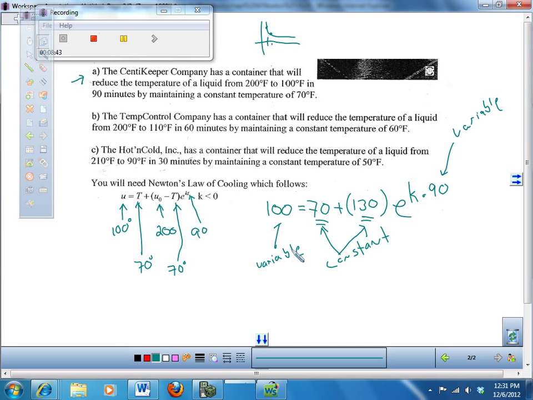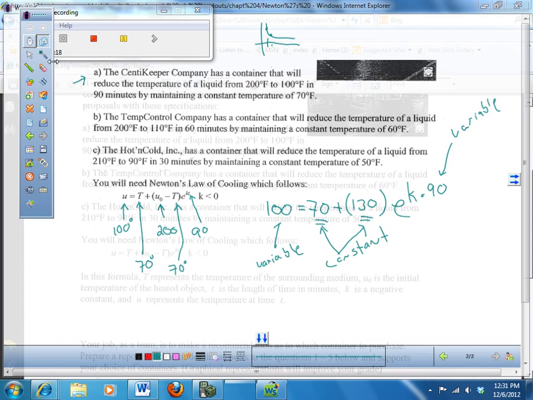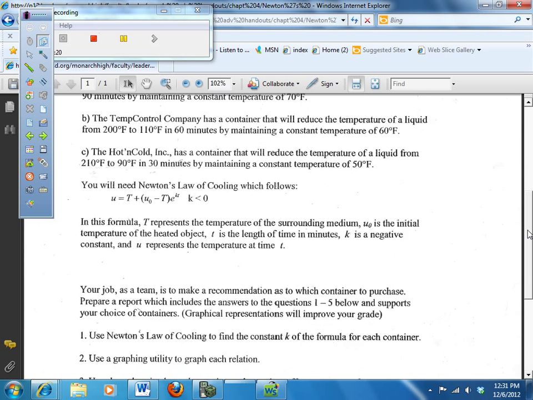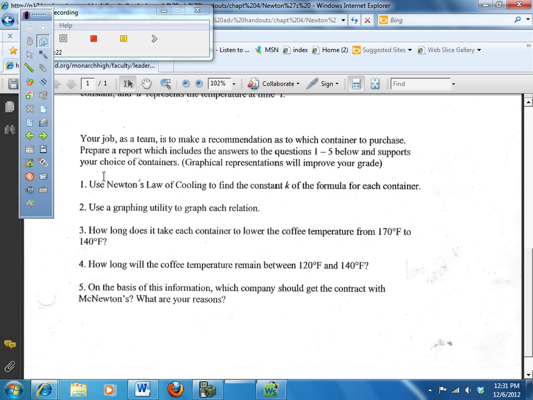And then when you get done, use it. First you're going to find the constant for each container, graph each thing using a graphing utility. I would like you to find the constants, at least for number one, algebraically.